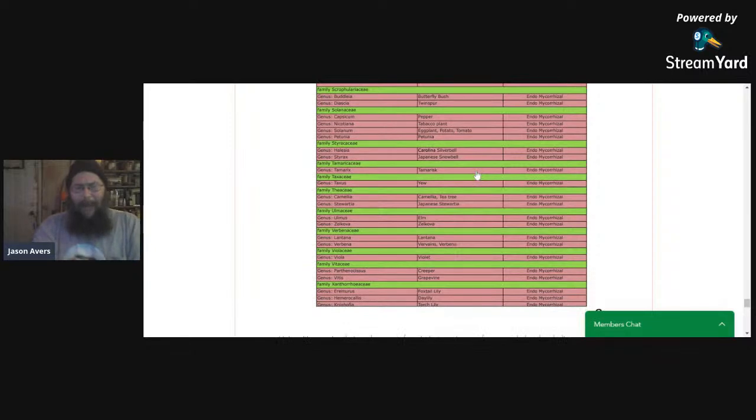Save you a lot of flipping back and forth through the reference materials. If you know you're looking for endomycorrhizal sources of protein and starches for your primary calories, that will be in one section, and then we'll follow it up with our support species, our nitrogen fixers, then our other fill-in-the-gaps sort of species down below that.